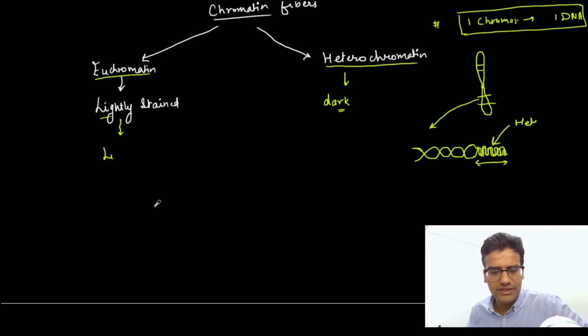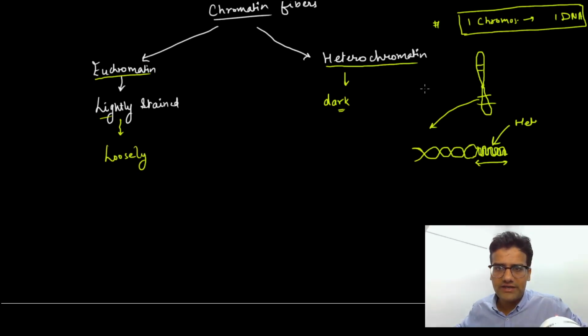So this part of the DNA is loosely packed, whereas heterochromatin is this part. The heterochromatin part is tightly packed, always tightly packed.